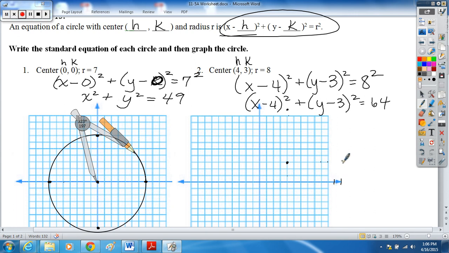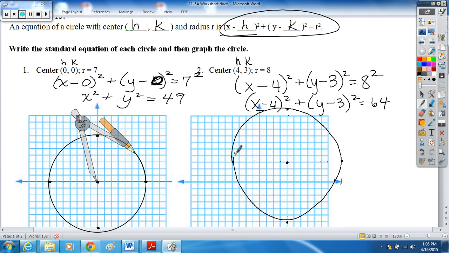Make sure you show the extra grid marks on the outside. 1, 2, 3, 4, 5, 6, 7, 8. And then something just like this, where you go ahead and draw in the circle.